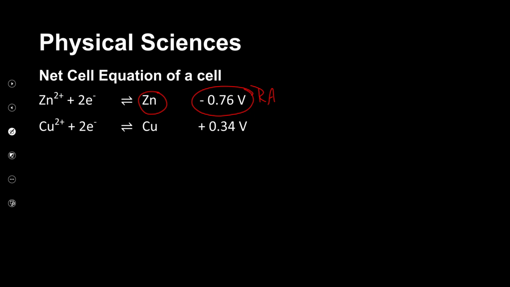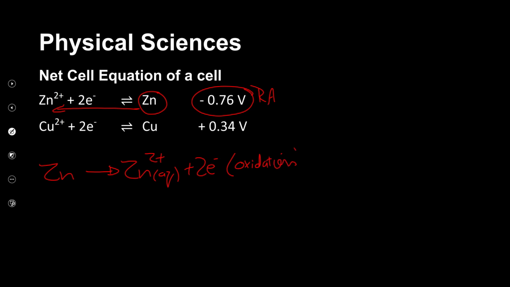So zinc is the reducing agent. That means we must write that reaction down and flip it. So we're going to write down the reaction that's taking place at the anode, where the reducing agent is going to be zinc, going to zinc 2 plus, plus 2 electrons. That is an oxidation reaction, and this takes place at the anode. So the anode reaction is that one.